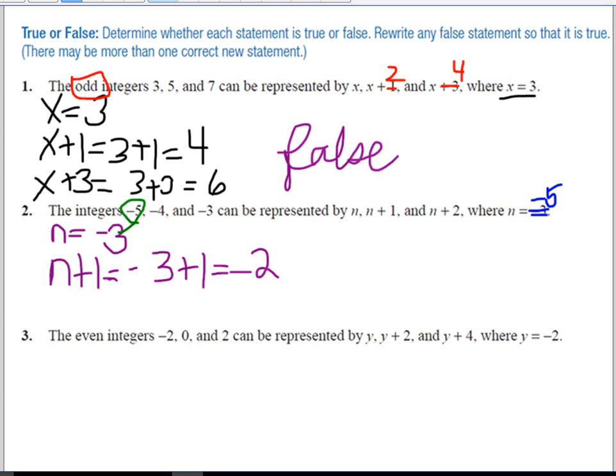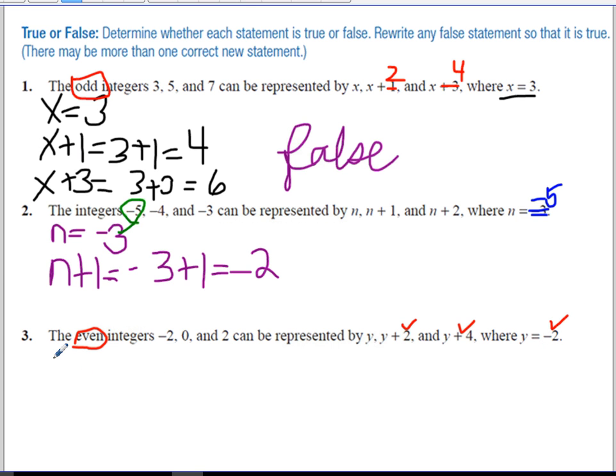For our last one, we're counting evens. -2, 0, 2 can be represented by y, y plus 2, y plus 4, so even, and they're counting 2 and 4, which is good. And then -2 is the smallest, and -2 here is where it starts.